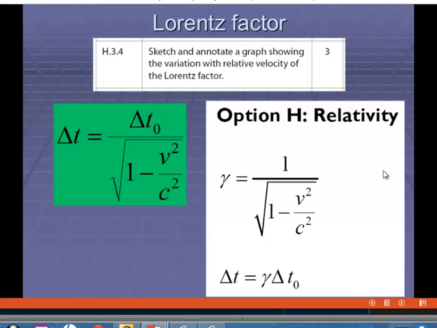Now if we look carefully at this Lorentz factor and put some numbers into it, it becomes quite interesting. So if there is a value for v which is very small compared to the speed of light, well, what happens then? The Lorentz factor becomes a value of 1, and the observed time is equal to the proper time of the person moving. When we approach the speed of light, this factor becomes larger, and this can be seen graphically.